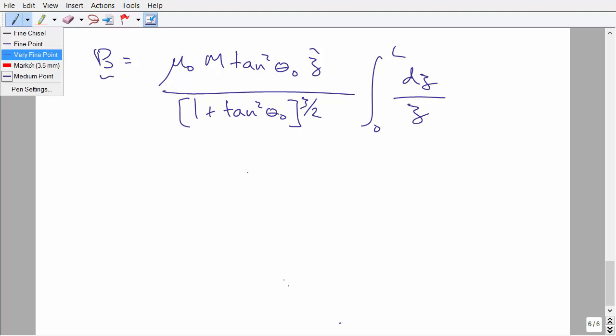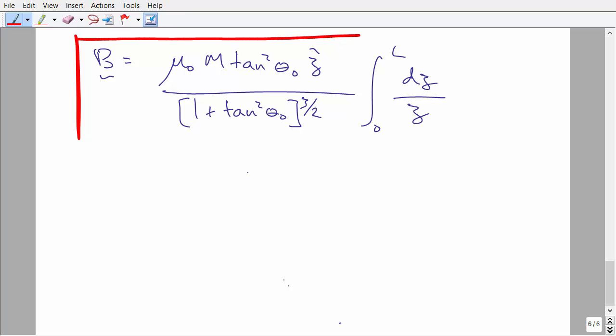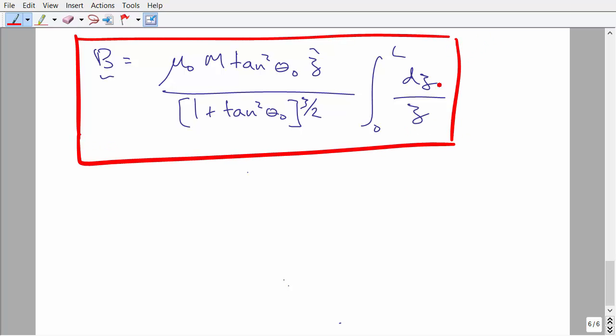Okay, so there in integral form is our result. And if you take a look at this, we do indeed have a problem at z equals 0, don't we? So the integral of dz on z is log z. And if we try to take the logarithm of 0, the whole thing is going to diverge.